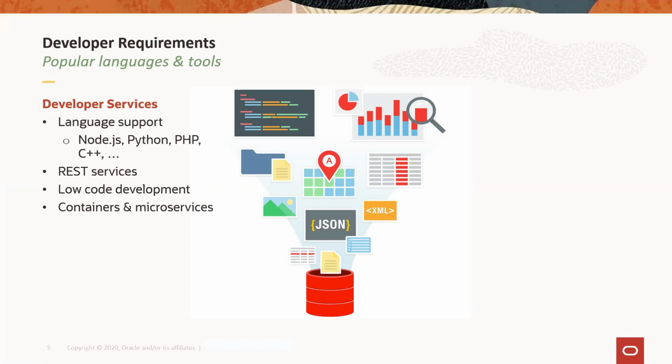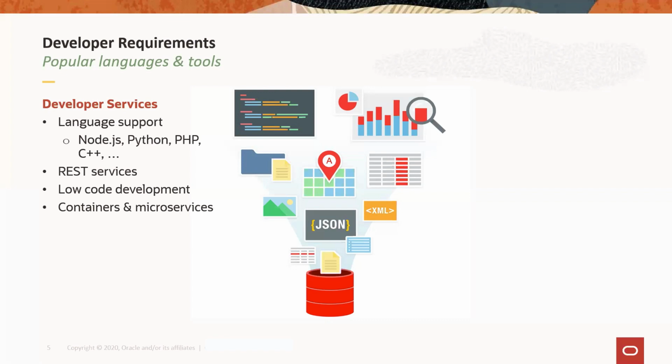So this includes popular programming languages like JavaScript and Python and C and various others, but also open interfaces, right? So REST services for developing web services and other APIs. Some developers and analysts, we'll call them citizen developers, want rapid, low-code development environments so that they can quickly develop applications without having to write a lot of code or even any code.